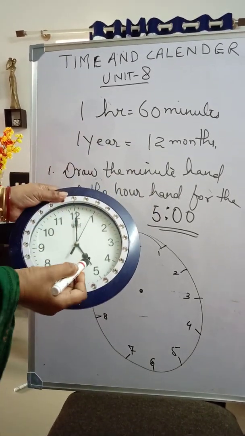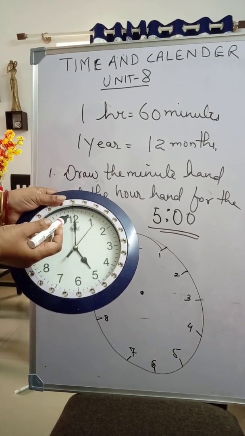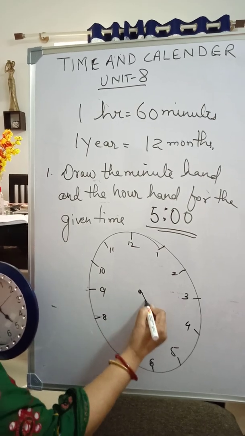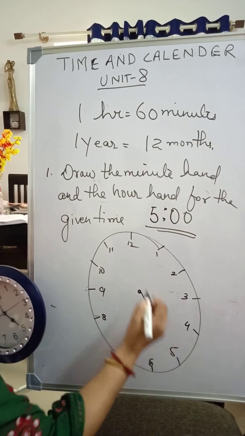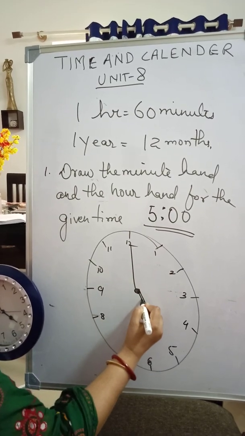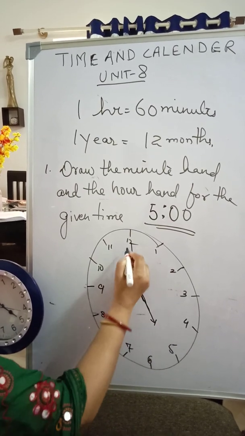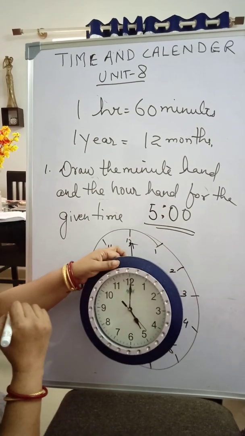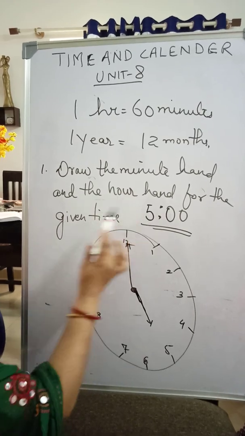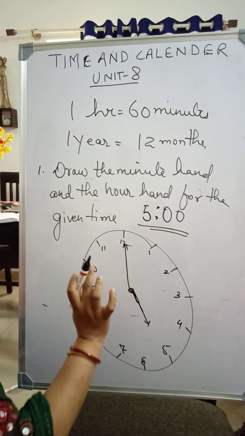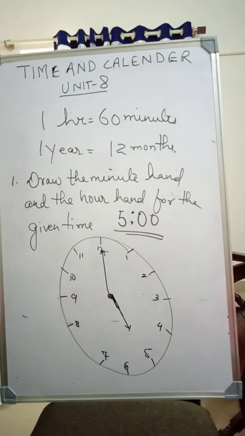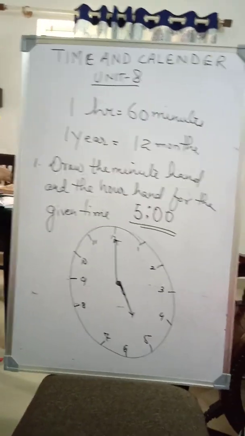The hour hand will be at 5 and the minute hand will be at 12. So let us draw it. See, this is 5 o'clock. Similarly, you have to draw the minute hand and hour hand of the given time in this picture. This is question number 1. Now let us come to question number 2.